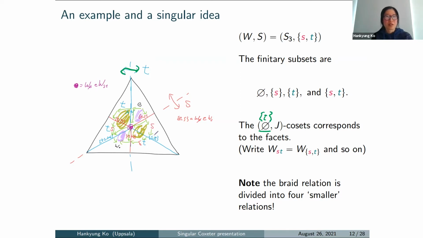So if you take this one, and if you had a T comma S coset containing E, that will be E, S, T, S. So it's a collection of the facets here, and there is a similar description if you restrict this complex to some area, and it will be in more general form, and more formal form come in the second part of the talk.